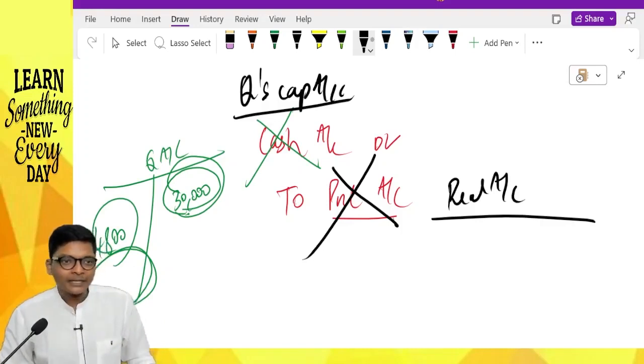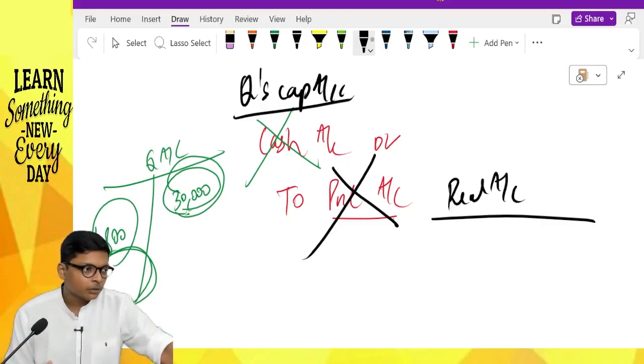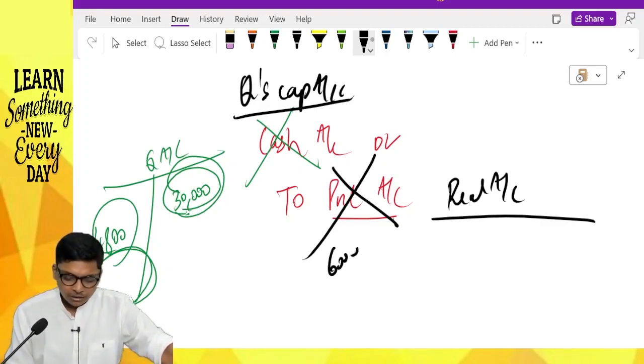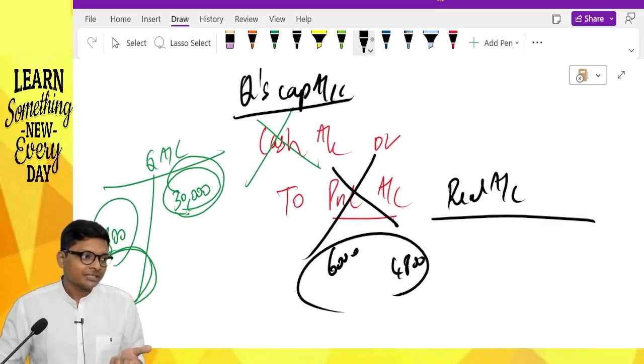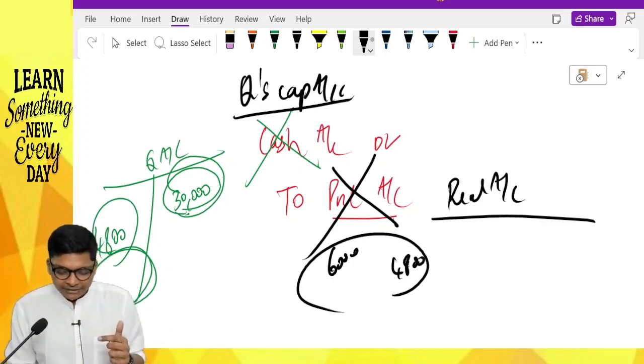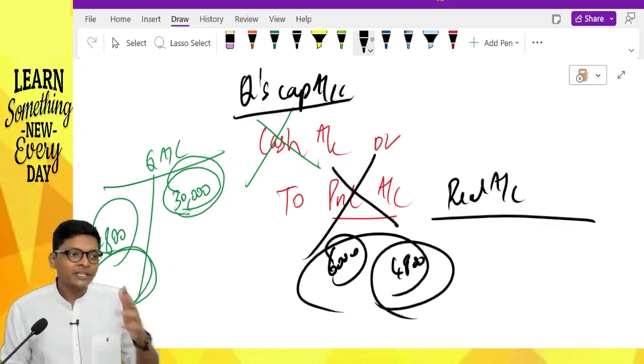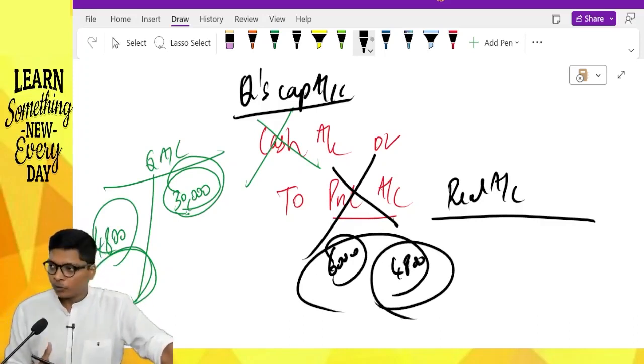See, if you record, what entry will you pass? Asset account debit to what? If you record for 6,000 and you are getting 4,800, it's not a loss, because it would be a loss only if this 6,000 was an asset in the balance sheet. So whatever you get is fully gain. Able to follow?